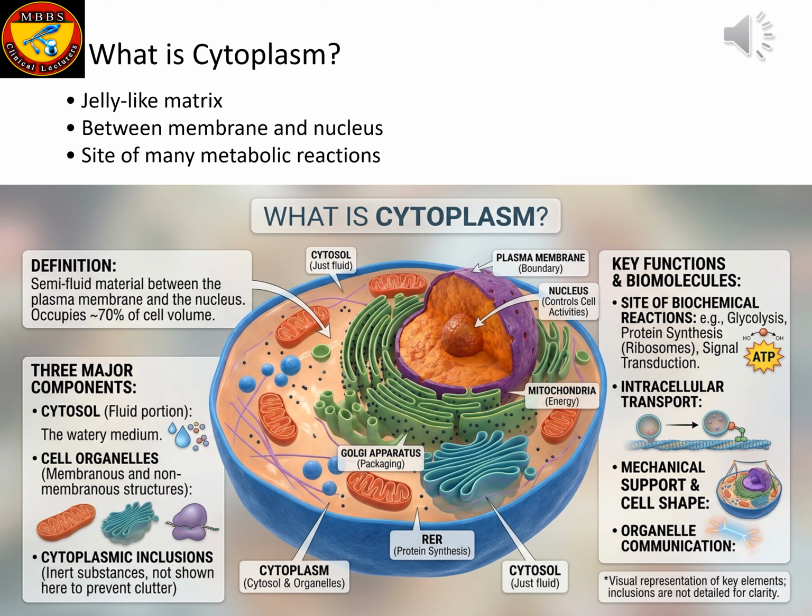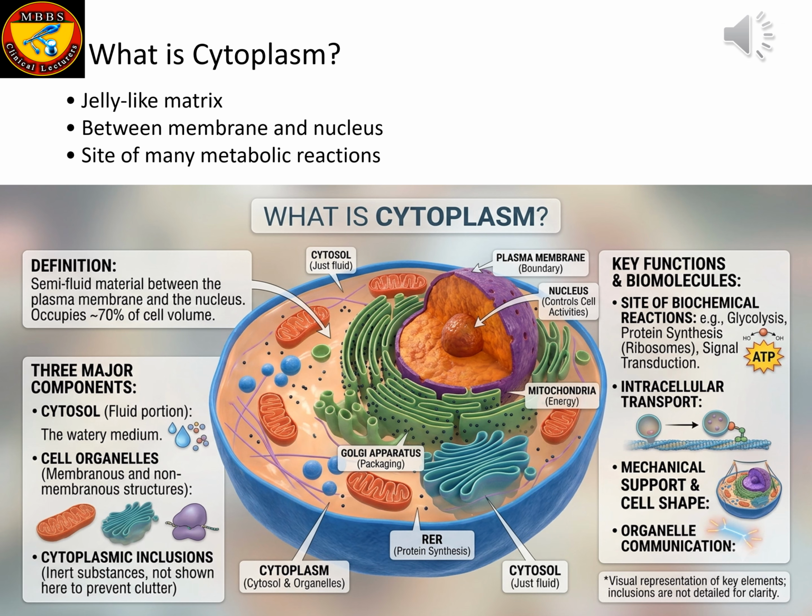What is cytoplasm? The cytoplasm is the semi-fluid material located between the plasma membrane and the nucleus. It occupies nearly 70% of the cell volume. It consists of three major components: cytosol, the fluid portion; cell organelles; and cytoplasmic inclusions.